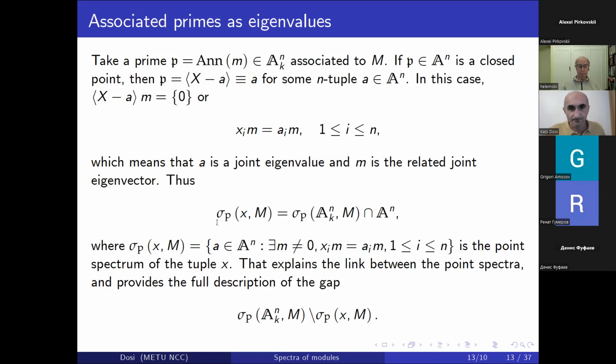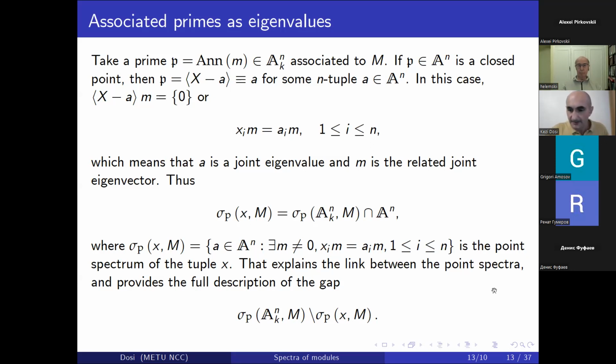That is, the set of all a from, if you wish, K to the n, such that there is a non-zero m with x_i m equal to a_i m. So this is the set of all eigenvalues, actually. That explains the link between point spectra in the scheme-theoretic sense and in the operator sense. And we can easily describe this link. So we know this gap between the scheme version and the operator version now.